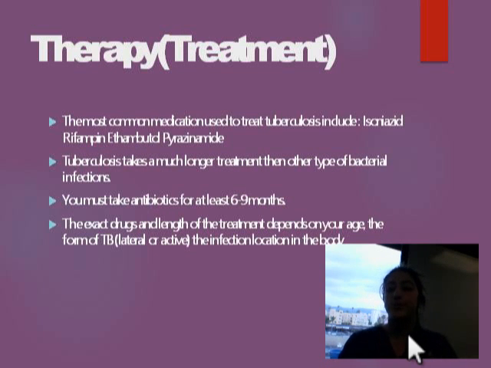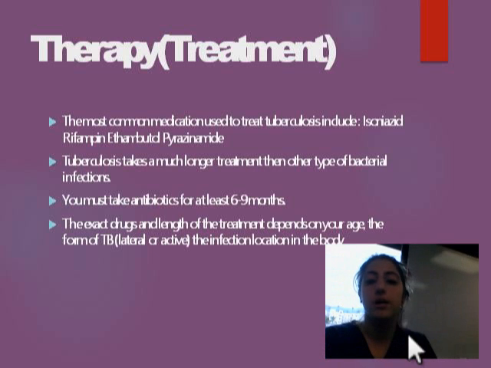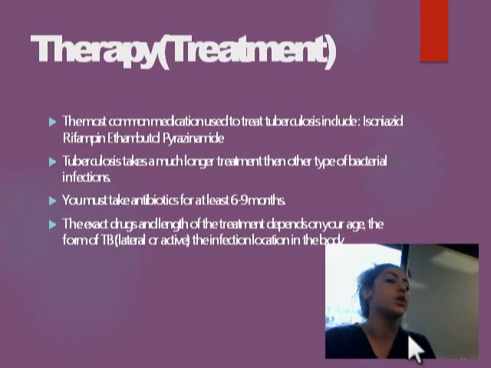And so the treatment includes isoniazid and rifampin, and those are the most popular forms of curing TB. Tuberculosis can take much longer treatment than any other type of bacterial infection, and you can take antibiotics for at least 6 to 9 months.